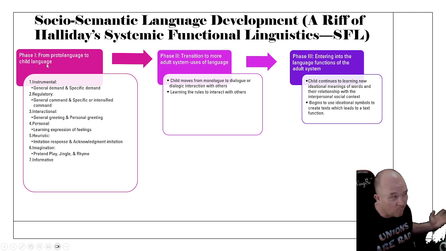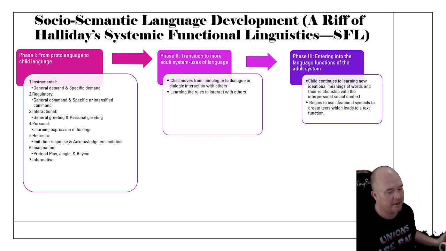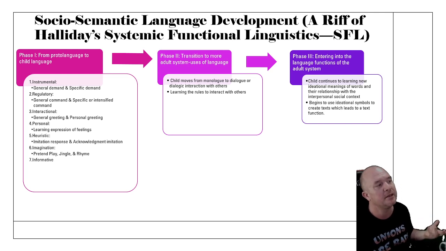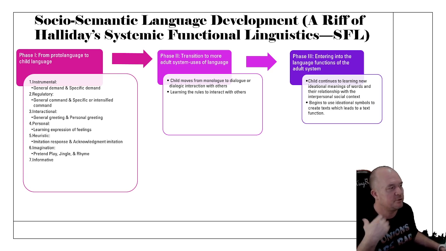Anyway, phase 1 starts from birth, from the proto-language to child language. So from the cooing and babbling of infants to young children using words. These are the different stages of phase 1. The first stage of the proto-language is using sounds as instrumental, as a general demand and specific demand.